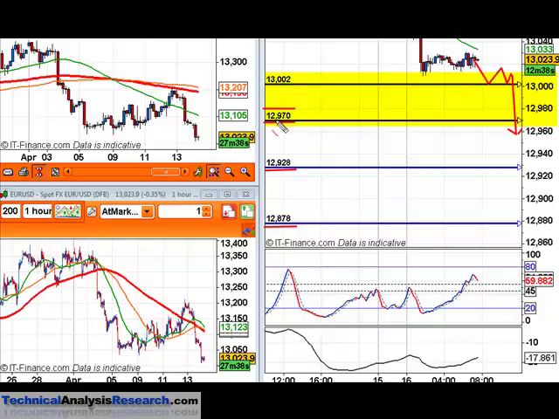We may see a test of the 129.70, but the important fact is that 129.70 has to be taken out to see bearish continuation. And again, we can write that down towards the 129.28 and 128.78 supports. So the key level for selling today is 129.70. That level has to be taken out for the trend to continue.